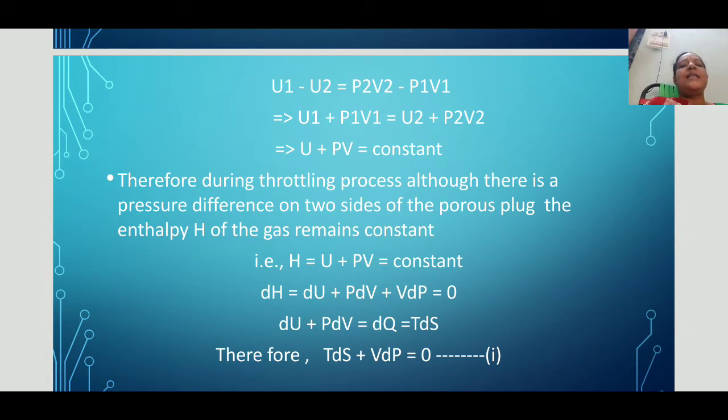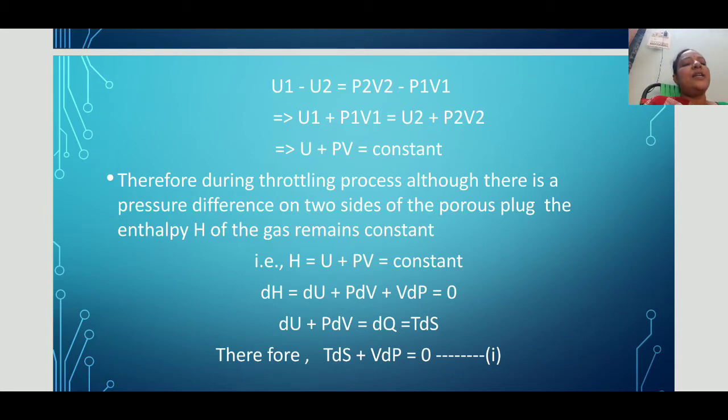Let us calculate the change in enthalpy. That is, differentiate this equation. That is complete differentiation. dH must be equal to dU plus PdV plus VdP is equal to 0. But we know that according to the first law of thermodynamics, dU plus PdV must be equal to dq, the supplied heat.